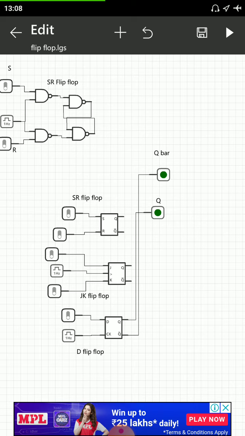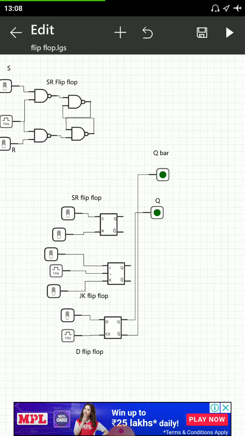But a flip-flop is a synchronous circuit in which the output changes state only when an input trigger, an input clock signal, is there. Only then the output changes its state in synchronization with the clock signal.